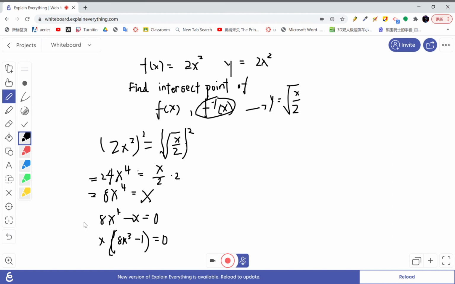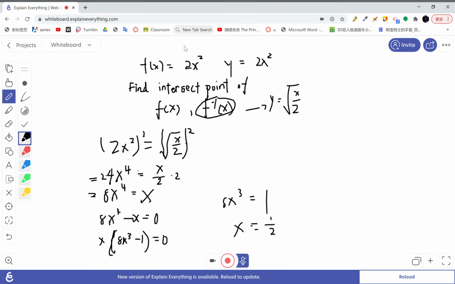From this, one case is x equal to 0, which is the origin, but they also intersect at another point, where 8x cubed is equal to 1. Clearly 2x cubed equal to 1, which means 2x equal to 1, x equal to 1 half.